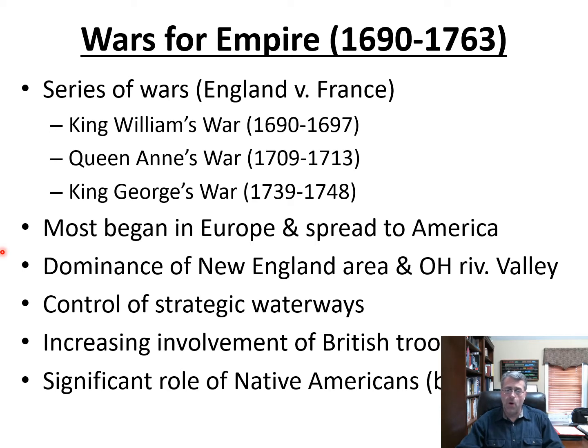And with each subsequent war, it'll happen more often, and it'll happen to a greater extent, till we get the French and Indian War, when we'll see large numbers of British troops stationed here for the first time. And again, it's because the militia is so ineffective. British troops have to start coming here to do the fighting. And this will be a problem later on. After the wars, the British troops are going to stay here, and this is where we get some of our first examples of tension between the American colonies and the British government.